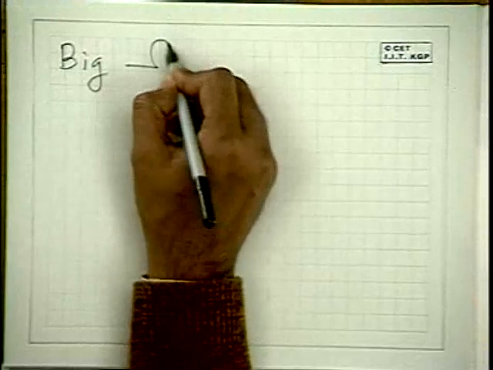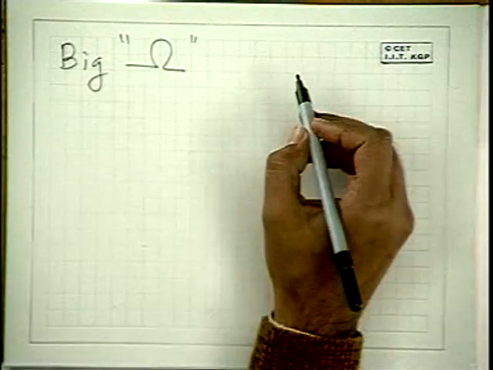So there comes the question of the lower bound, which is the big omega notation. Have you seen this notation?